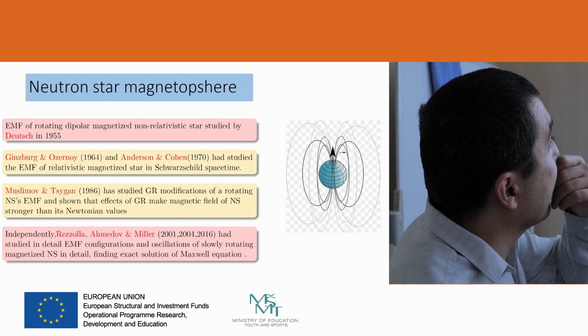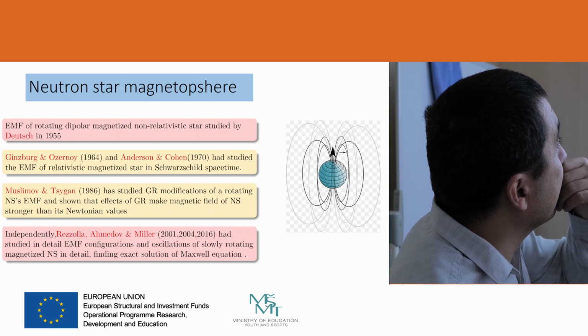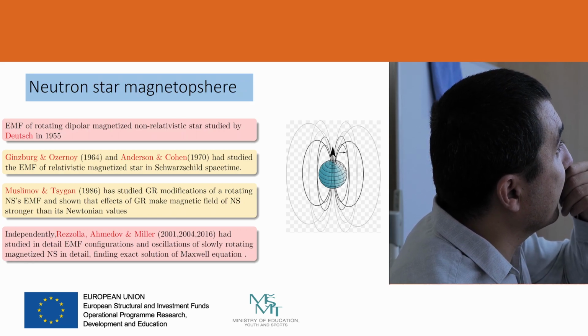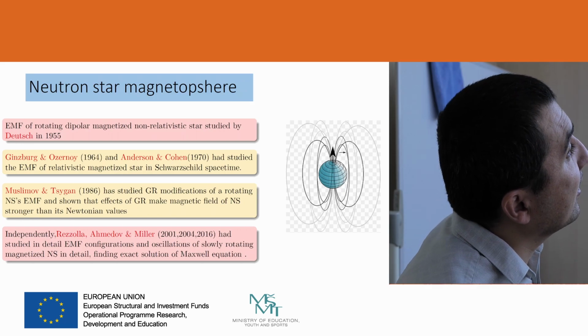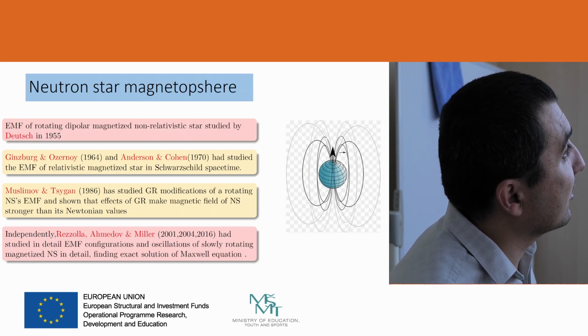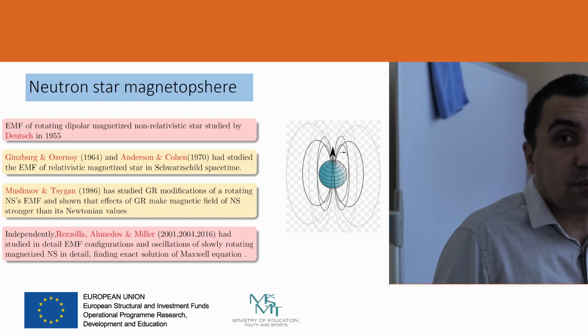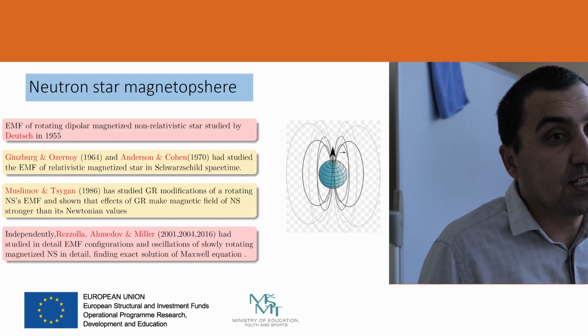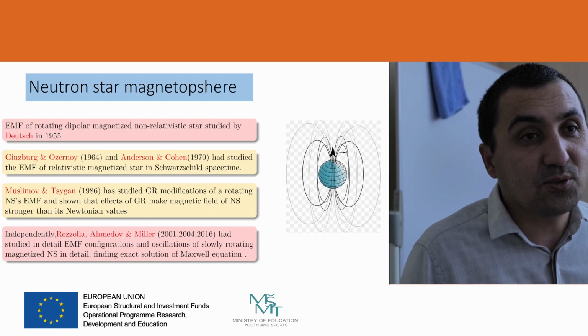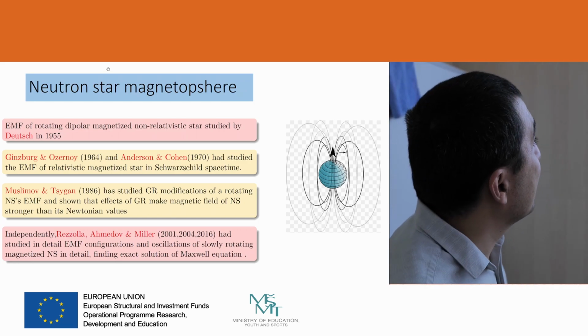Then Ginsburg-Ozernoy and Anderson-Cohen studied this in Schwarzschild space-time, for a star which is not rotating, but neutron stars are rotating, we know.